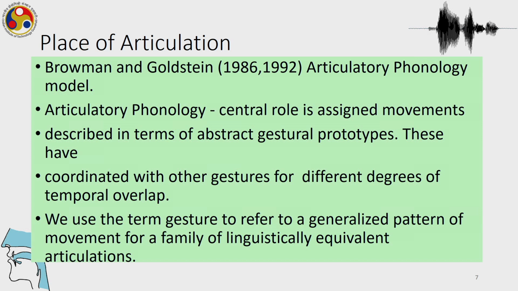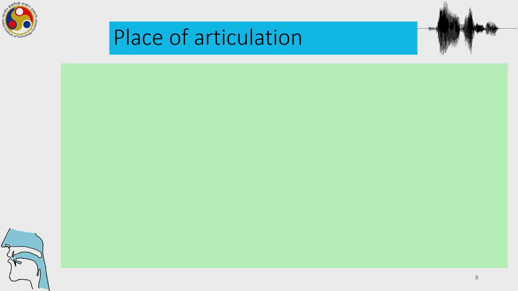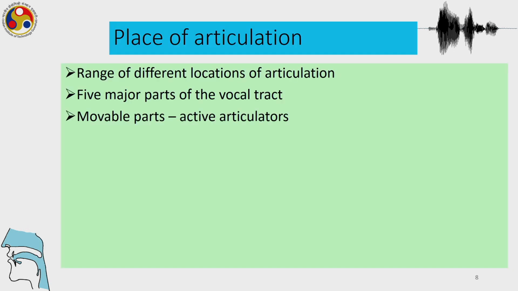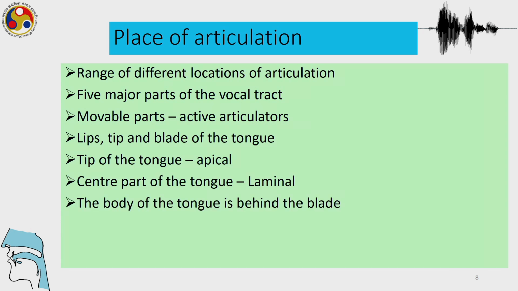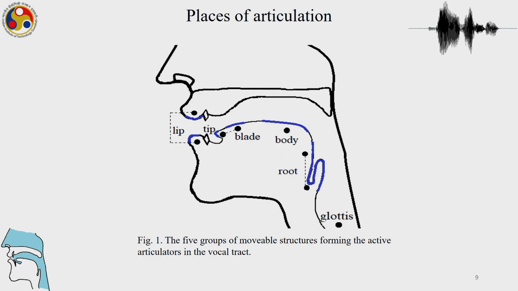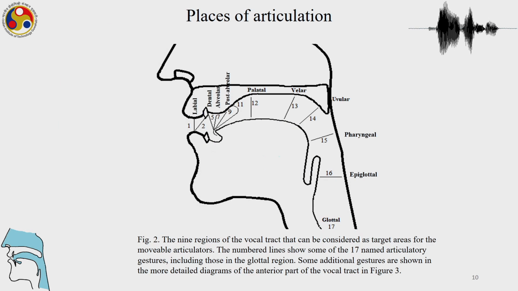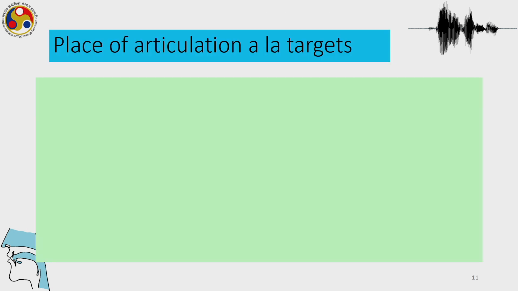And to study the phonetic diversity, we talked about place of articulation and different locations of articulation, the 5 major parts of the vocal tract, the movable parts, and the 17 articulatory gestures that were shown in places of articulation, and the 9 regions that are the target areas as shown in the diagram in figure 2.